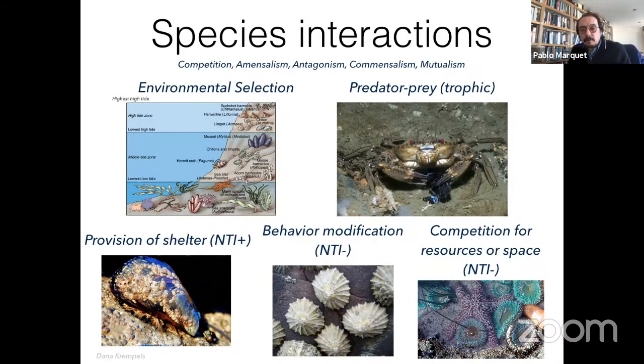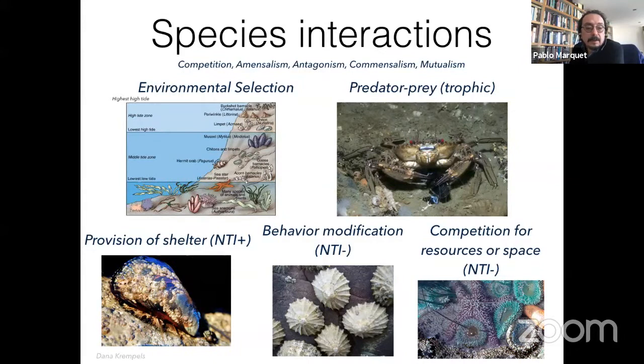Some of which we call trophic, which is related to something eating something else, and that's a very direct interaction. You have a predator that eats a prey, like here you can see a crab eating a mussel. You also have different kinds of non-trophic interactions that I will call NTI here.